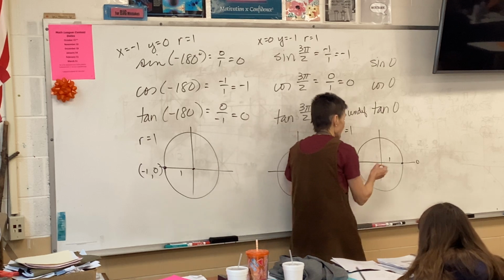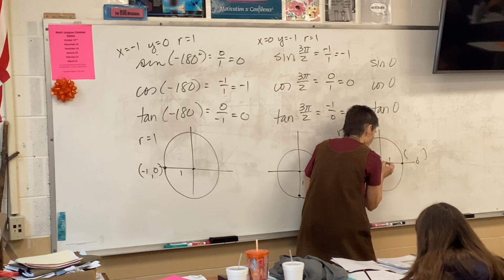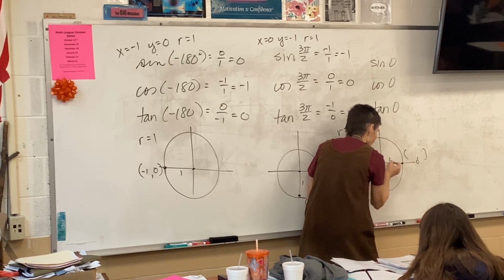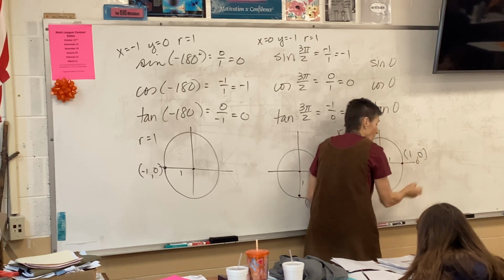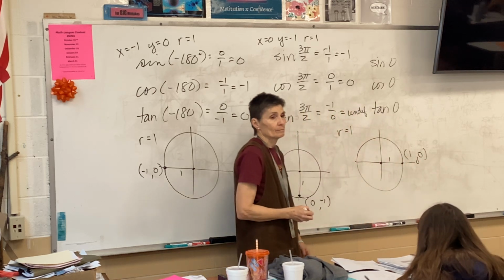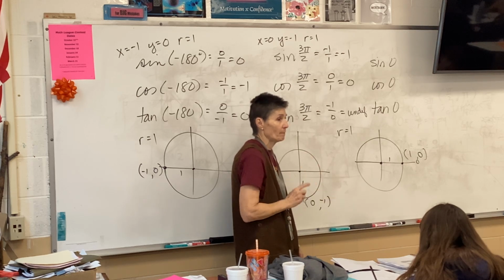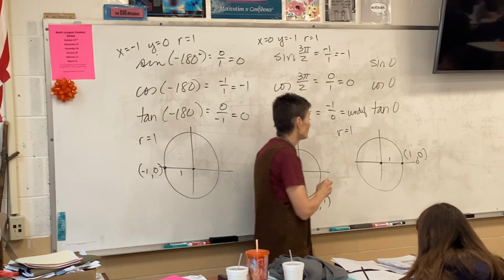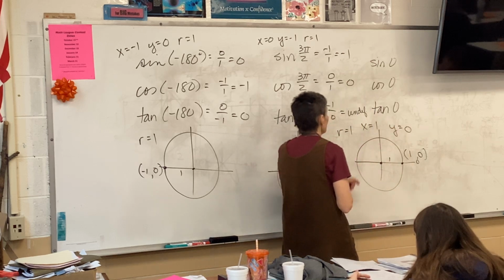And if that's the case, then what will be my x and y here? I'm going right 1. X is 1, y is 0. It's like plotting a point on a piece of graph paper. 1, 0. So x is 1 and y is 0. All right, here we go.